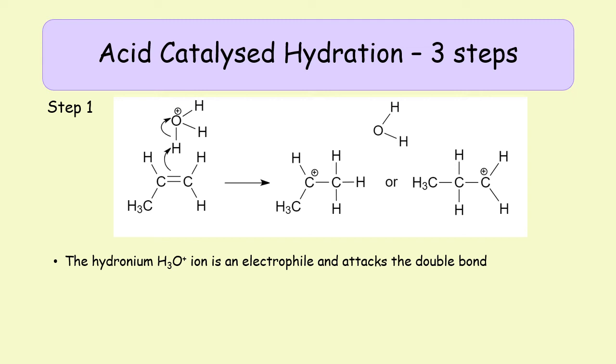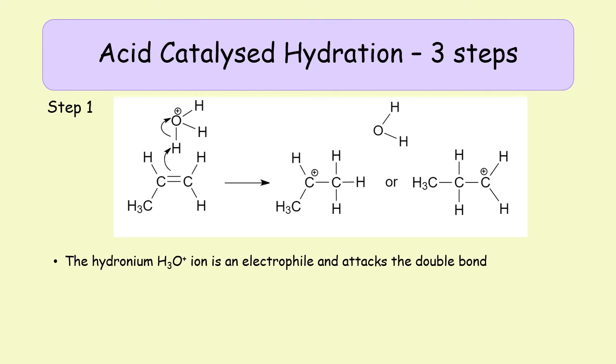So in this mechanism, what you show is the carbon-carbon double bond breaks and bonds to one of the hydrogen atoms on a hydronium ion, and then that hydrogen-oxygen bond breaks to create a water molecule.